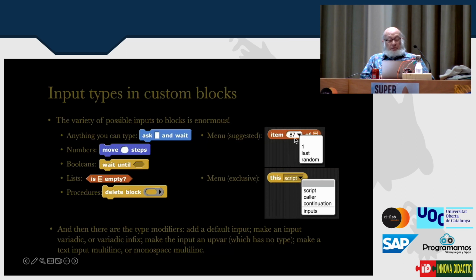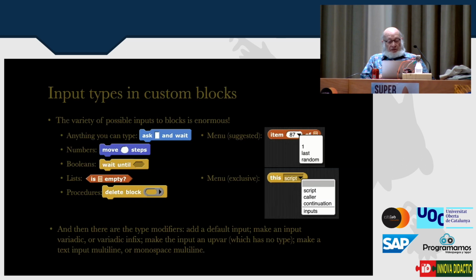If you have a menu in a white background slot, that means that items of the menu are suggestions that are typically useful, but you can put anything you want. In this case, any number you want, because it's oval, in that slot instead of using the menu.